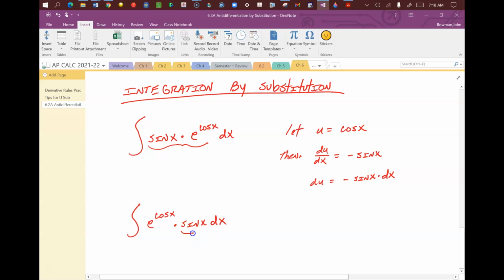And what you might see here is that sine x dx is equal to the opposite of du, and e to the cosine of x can be written as e to the u. So this integral can now be written as the integral of e to the u times the opposite of du, but I'm going to write that as du and put the opposite out here.